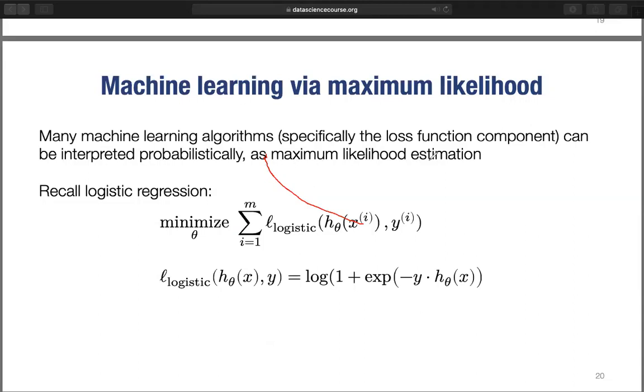But what you would have instead of this is something called a sigmoid function or a logistic function, where you're having 0 here.